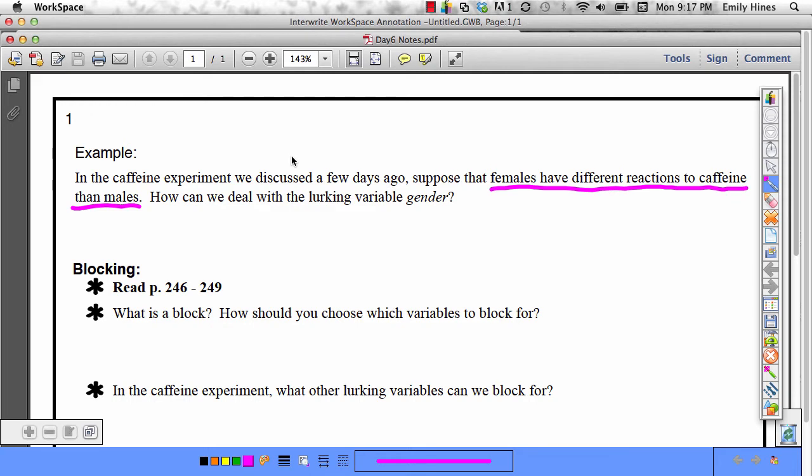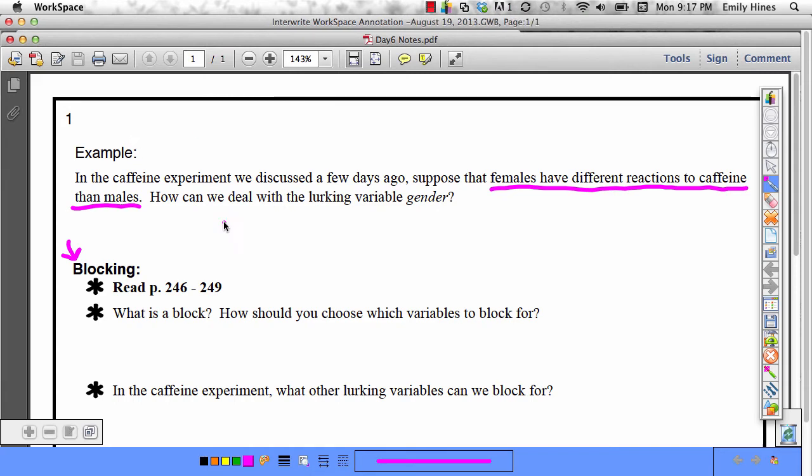So what we can do is something called blocking, to make sure that we balance the gender in the treatment groups. What blocking is, is that before you randomly assign your treatments, you split purposefully into groups.